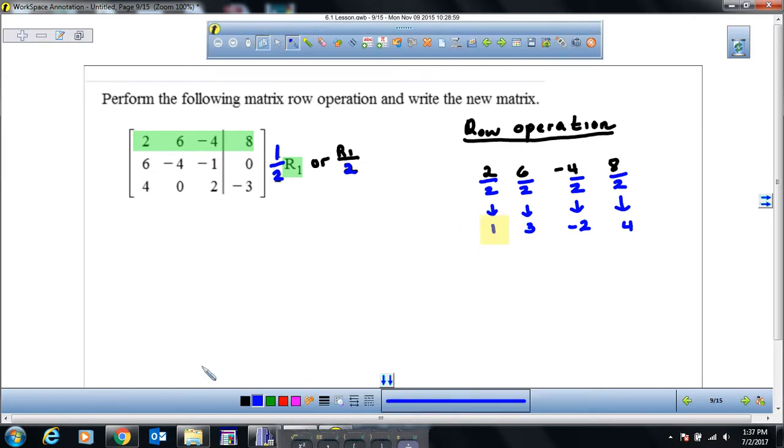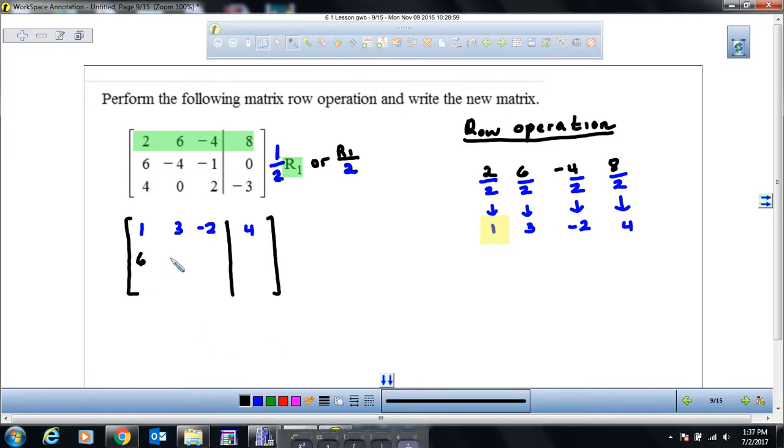Okay? So, right here, let's go ahead and write the new matrix of my result for the operation that we applied. On my first row, we multiplied by 1/2, which is the same thing as dividing by 2. So my first row became 1, 3, -2, and 4. And we're just going to bring down the other 2 rows, which are 6, -4, -1, 0, and the last row 4, 0, 2, and -3.